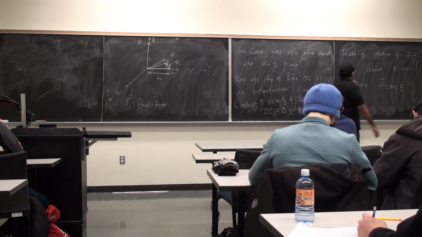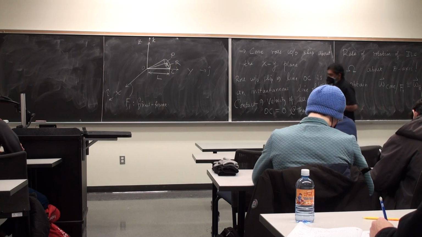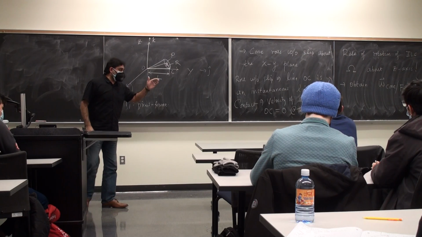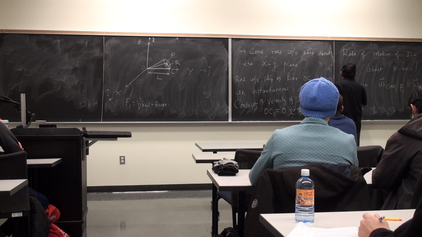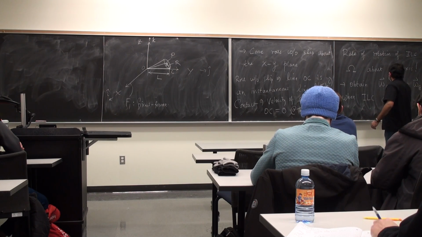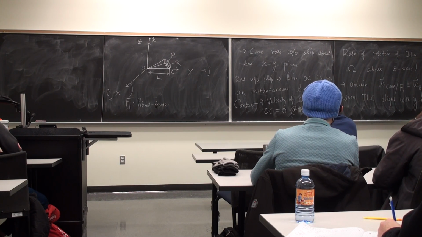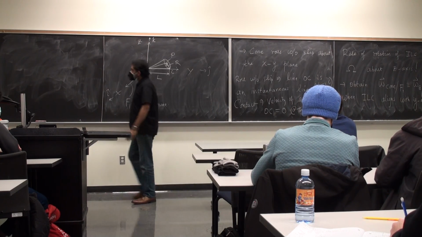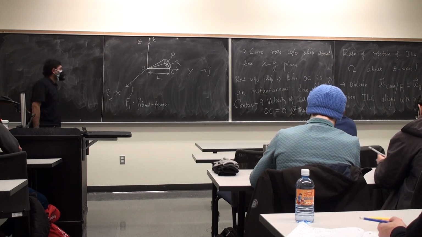So this is essentially omega of the body with respect to F1, when the instantaneous line of contact is aligned with the y-axis. Make sense to everybody?